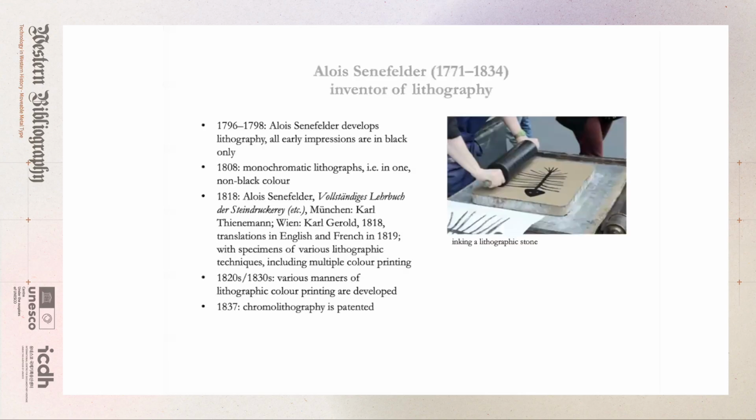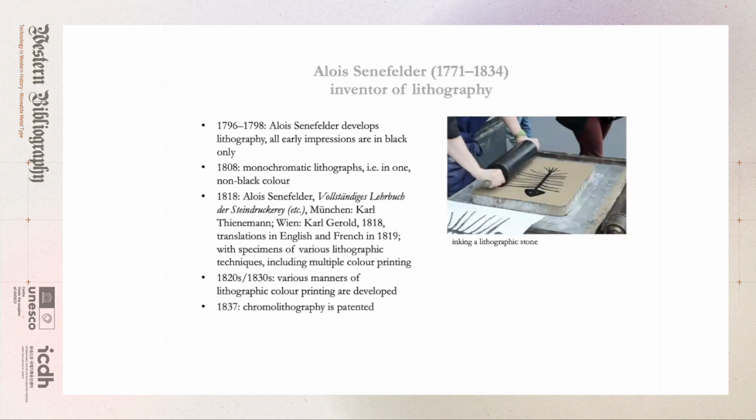The German Alois Senefelder invented a completely new printmaking technique in 1796 to 1798. Senefelder drew with an oily crayon on a chalk sandstone. The unsaturated fatty acids in the crayon formed a strong chemical bond with the chalk.